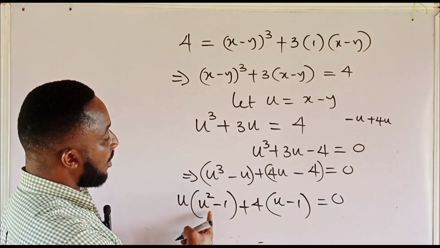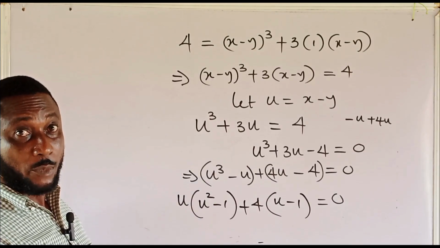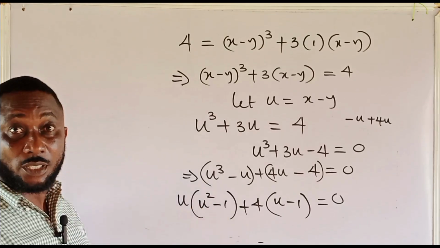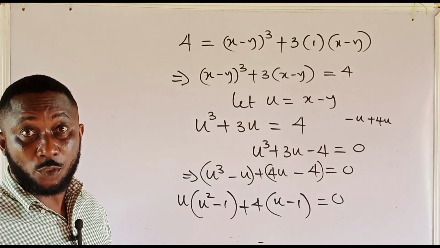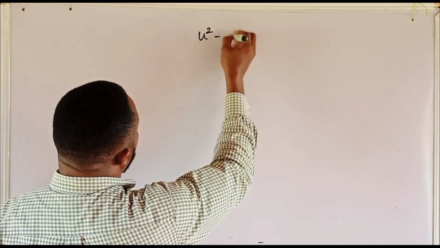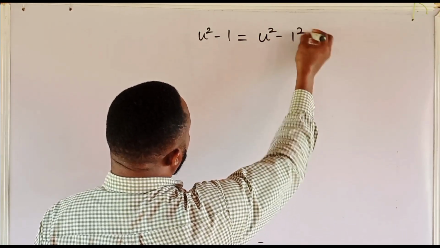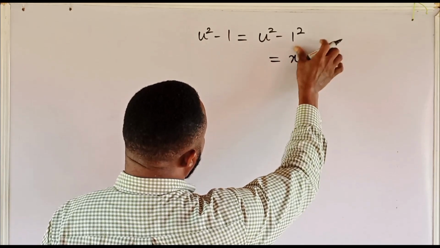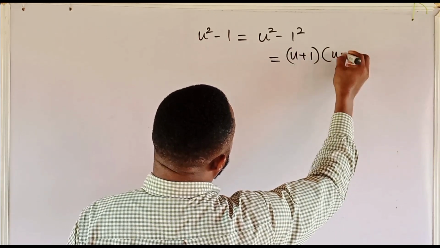If you check well, in this first parenthesis, u squared minus 1, because 1 is a square number, this is also a difference of two squares. And we should make do with the difference of two squares formula, which we are familiar with. So u squared minus 1 can be written as u plus 1 multiply u minus 1.